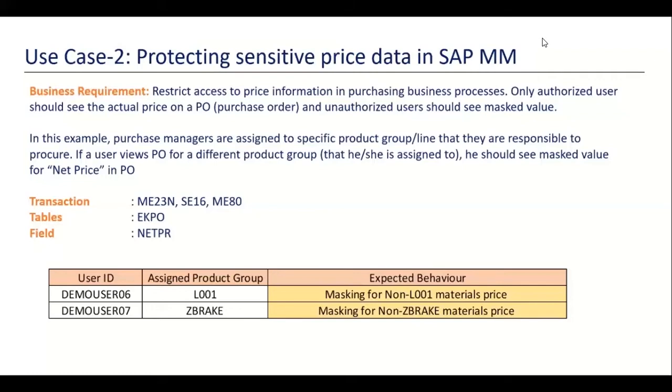For example, demo user 6 can only see price for materials that are part of L001. If he is trying to look at any other PO or any other material that is not part of L001, he should see a masked value. Similarly, for 7, he can see the Z break materials price. For anything other than that, he should see a masked value. So let's take a quick look at how this can be done using NextLabs.